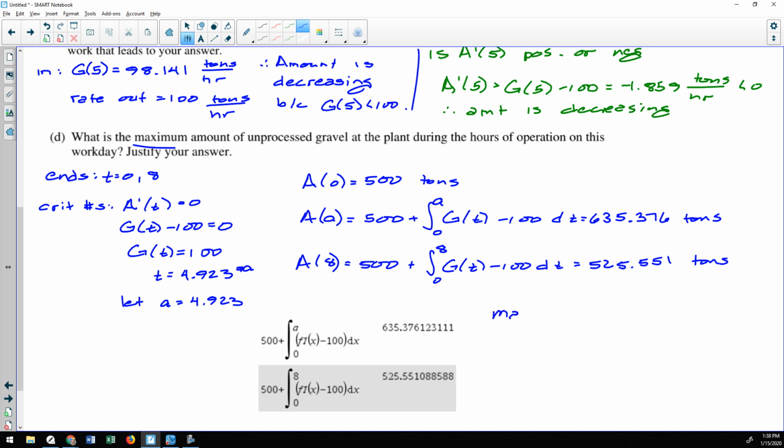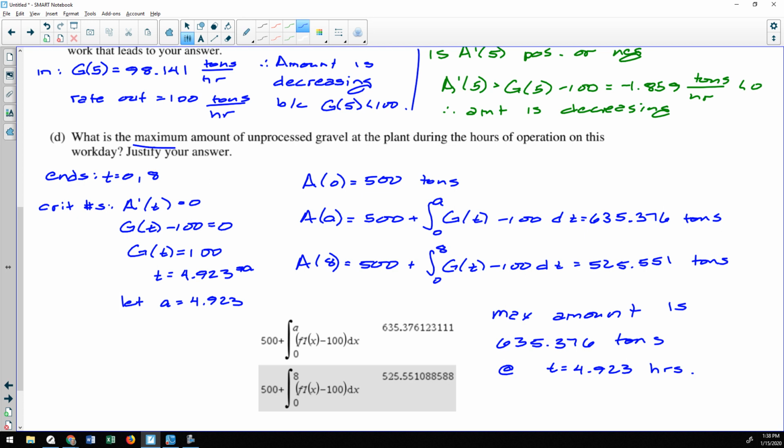The answer is the max amount of unprocessed gravel is 635.376 tons. If you want to kill it dead, you could say at t equals 4.923 hours, but you don't have to specify that because, again, they didn't say at what time. They said what is the maximum amount.